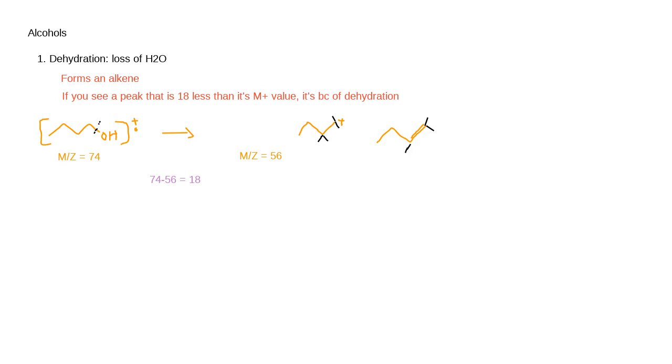Just as a reminder, the final answer you should get looks like this. So once again, every time you get a mass spec that is 18, understand that water is involved, and anytime water is involved, your structure should have an alkene at the end. So wherever it got cleaved off and there's a plus charge, form a double bond with the carbon that's bonded to it and get rid of the plus charge.